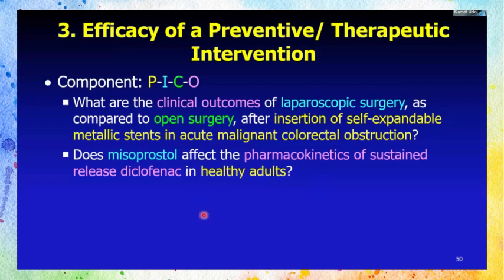Compared to no misoprostol, it's not here in the sentence, but what is the outcome that the researcher is interested in? Outcome is pharmacokinetics. Sorry, sustained release diclofenac is the comparator, so it should be green here, sustained release diclofenac. So comparing pharmacokinetics properties of misoprostol to sustained release diclofenac.